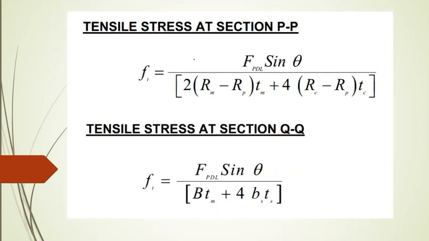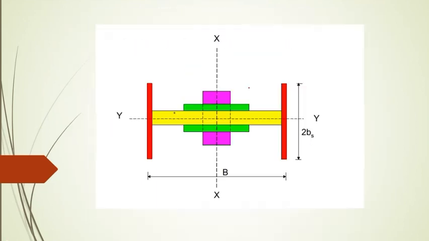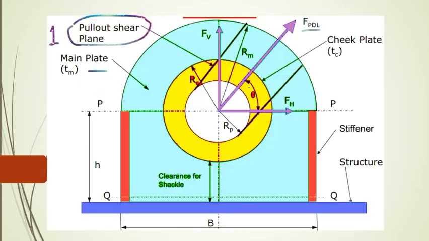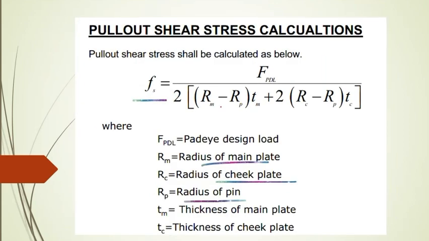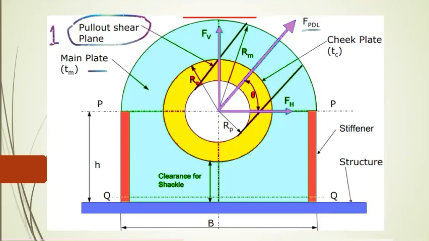Then tensile stress at section PP. If we see this section PP here, main plate plus cheek plate also is there. That's the tensile stress. FDL sine theta, because we are taking this force in the vertical direction.